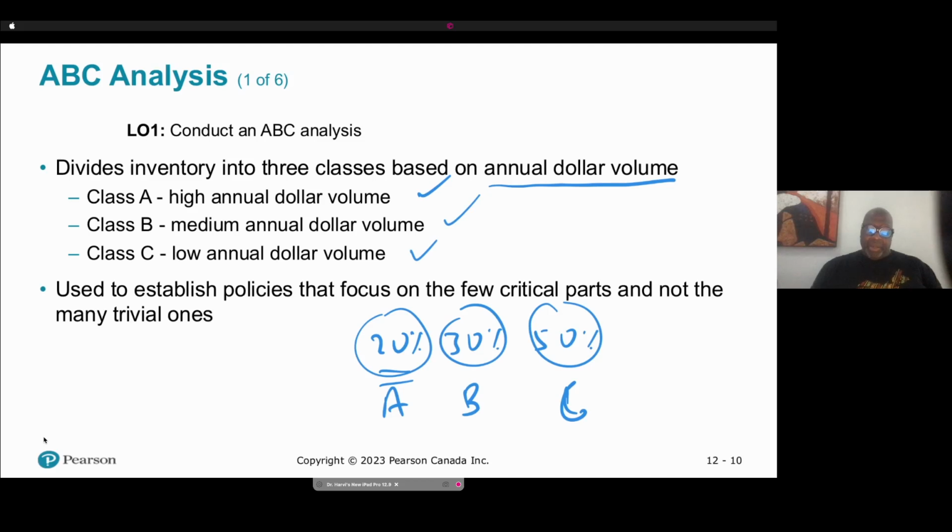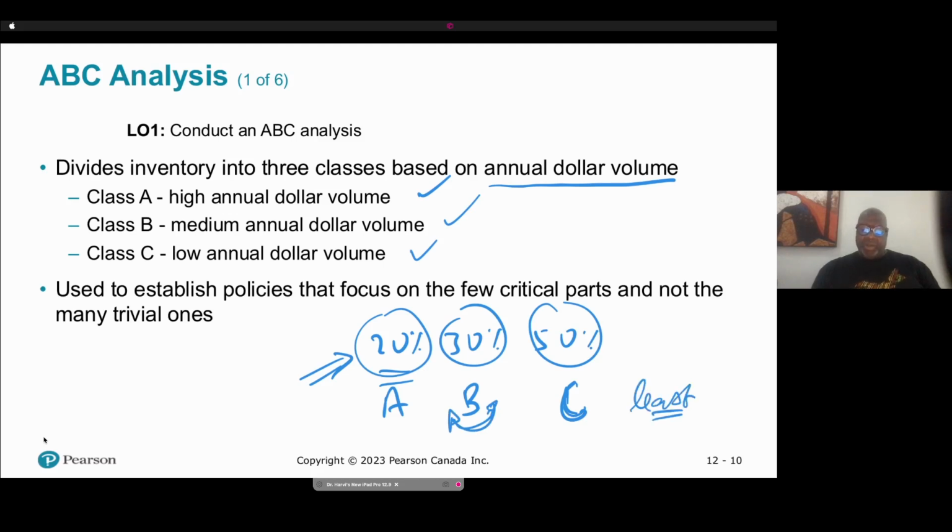So by then coming up with the ABC system, we would actually give the most attention to A items, which was 20% of your overall annual volume, either sales or costs or whatever you want to use. And then we will have an intermediate amount of attention paid to your B items and the least attention to your C items.